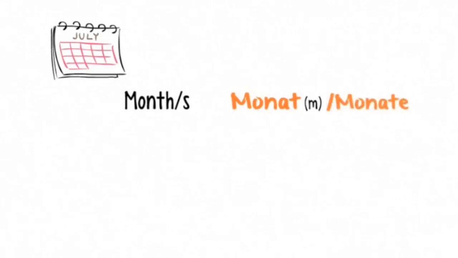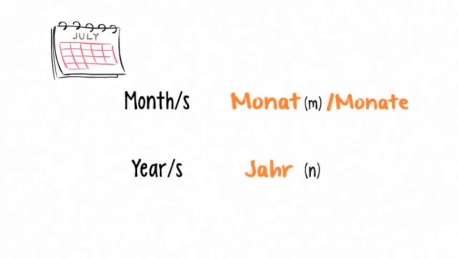Month or months, Monat, which is masculine, der Monat, and the plural form Monate, die Monate. Year or years, Jahr, which is neuter, das Jahr, and the plural form Jahre, die Jahre. Monat, Monate, Jahr, Jahre.